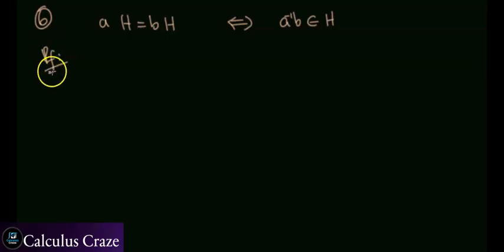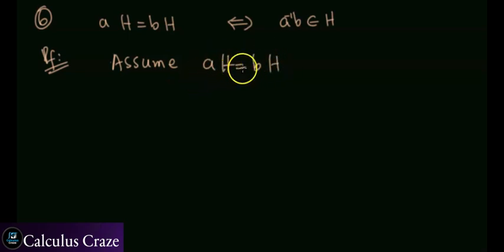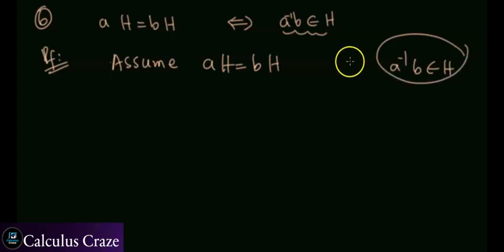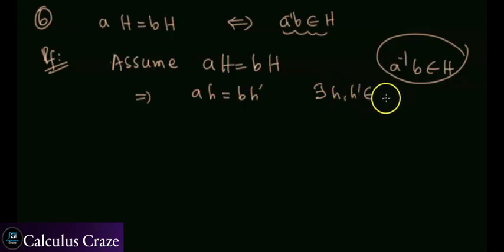Proof. Let's assume that AH is the same as BH. Our task is to establish that A inverse B is inside H. From here it is obvious that Ah is equal to B times h prime for some h and h prime inside H. So from here I can write h equal to A inverse B h prime.